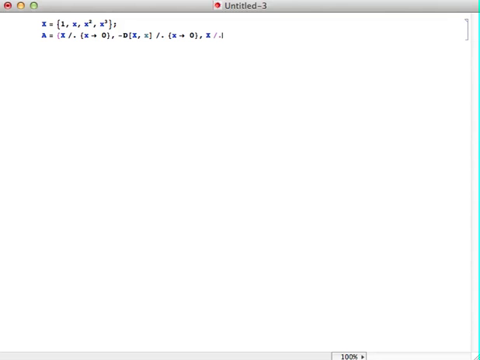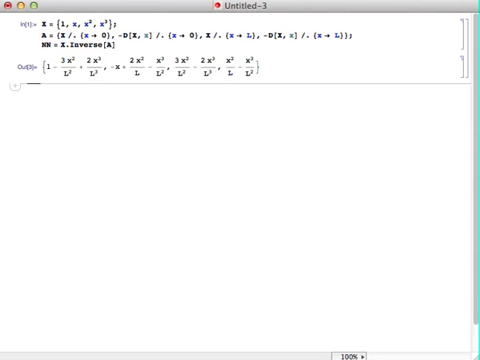And then x evaluated at L, and minus the derivative of x with respect to x, evaluated at L. So there's our shape functions.